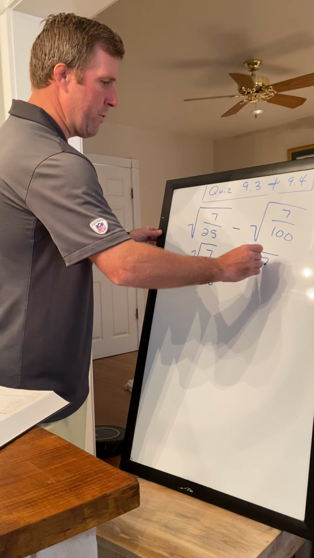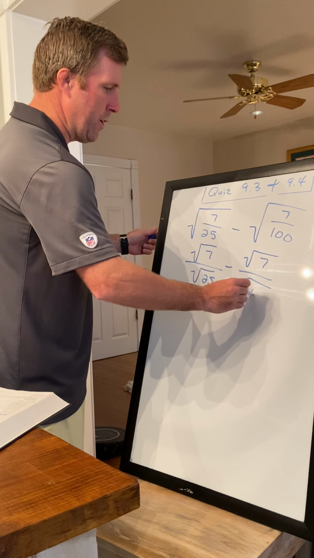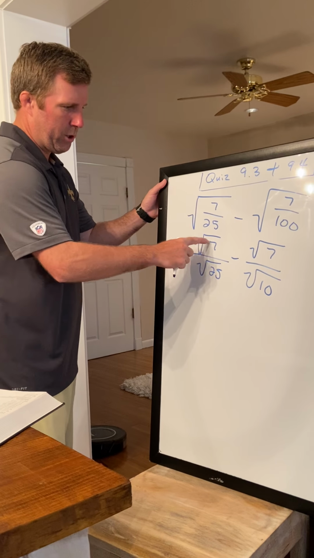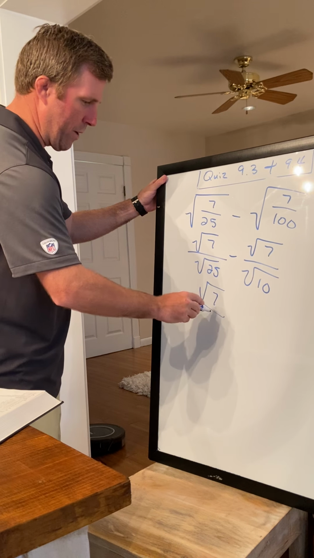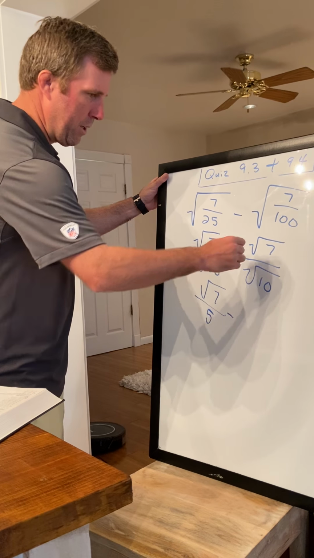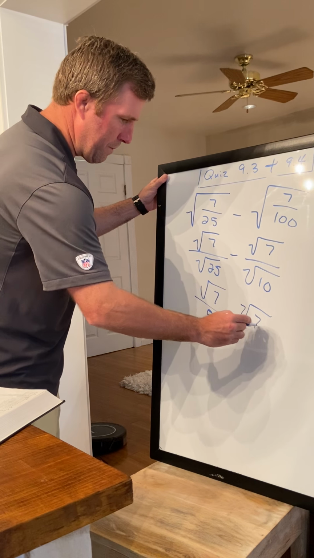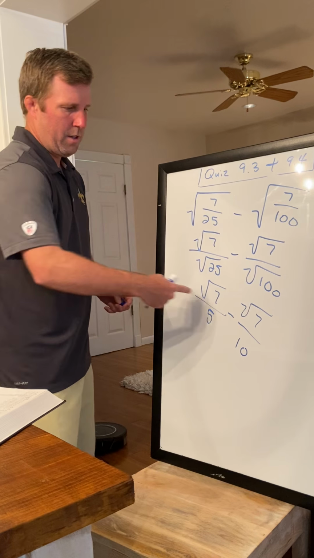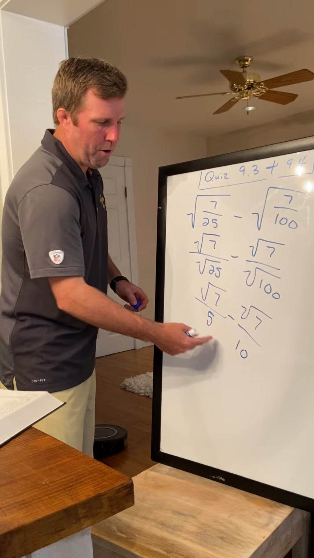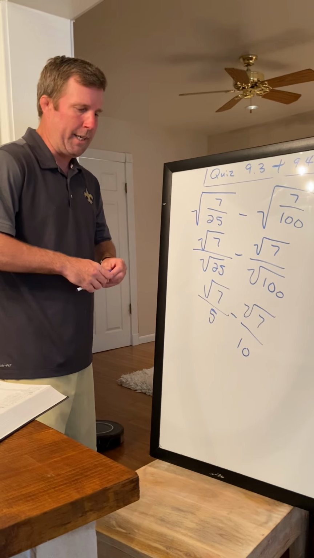This becomes the square root of 7 over the square root of 100. The square root of 25 is 5. Square root of 7. The square root of 100 is 10. Okay, now they're just regular fractions. You have to multiply each by 2.